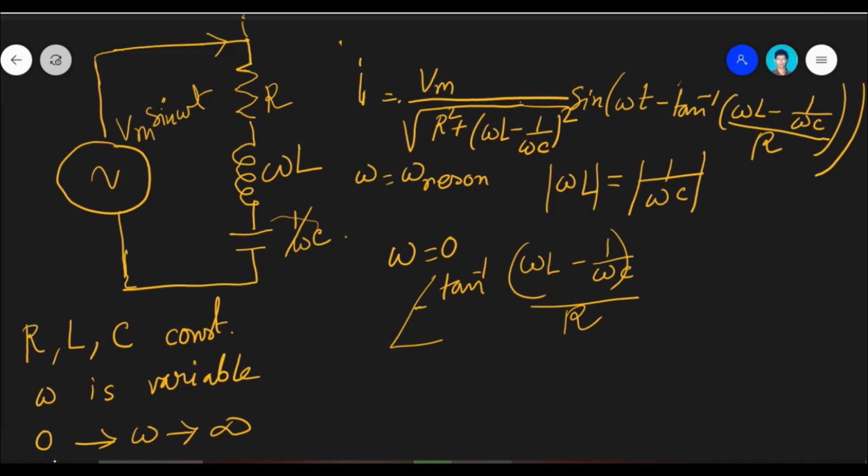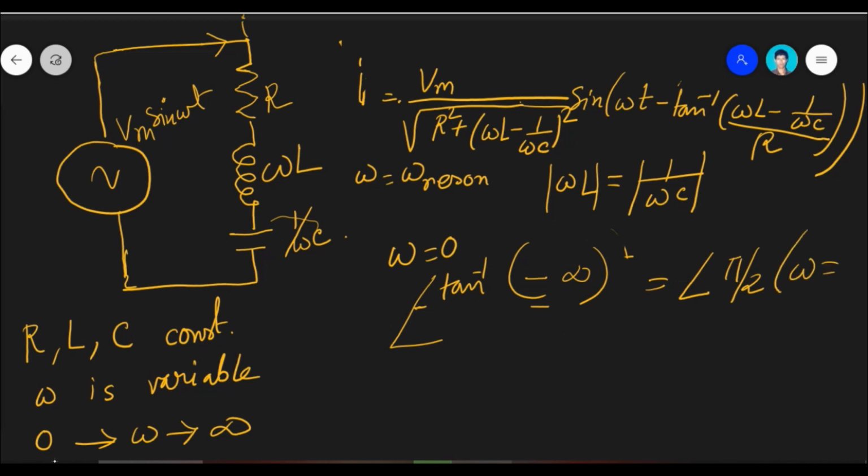Now when omega is equal to 0, this part will become 0 and this part will be like minus. So basically the phase shift offered by your circuit will become pi by 2 at omega equal to 0.